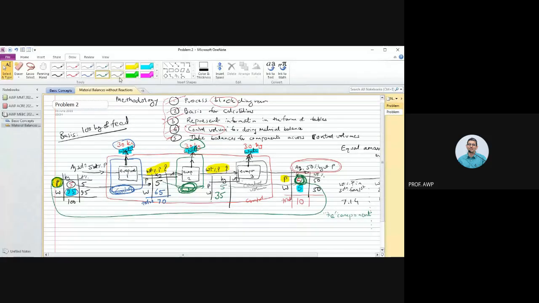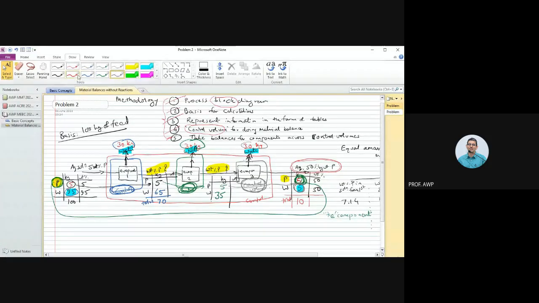For the gray control volume, 35 kgs come in, 30 kgs are evaporated, 5 kgs go out. That is correct. So blue plus green plus gray control volume is the same as our red control volume.